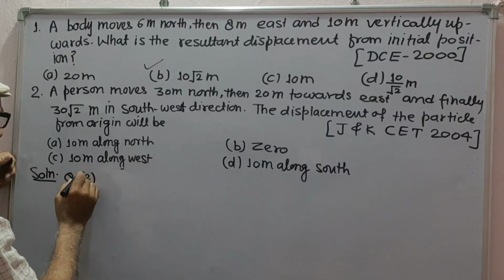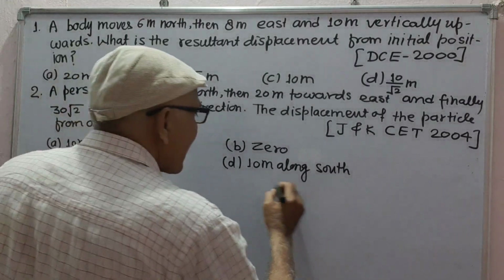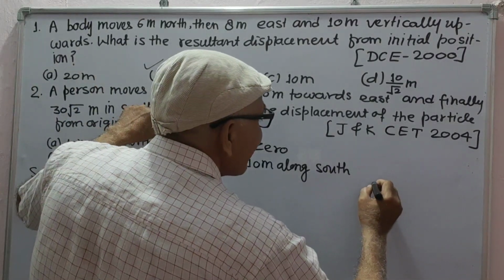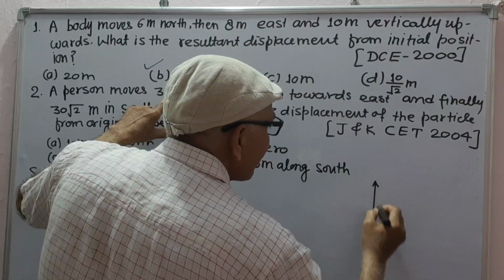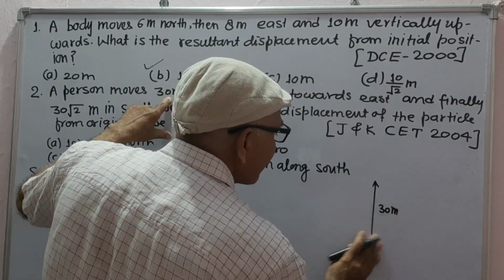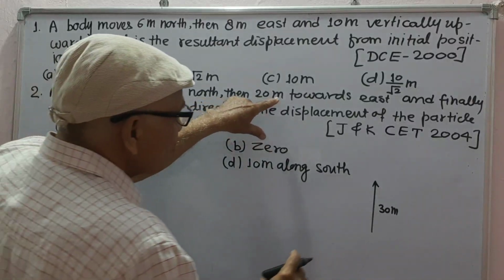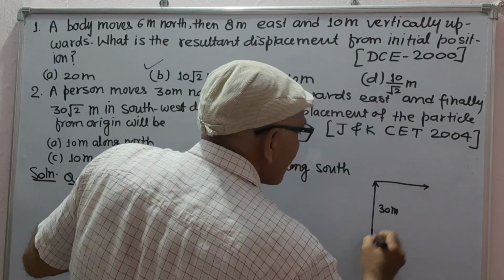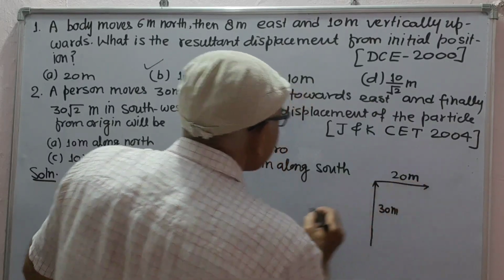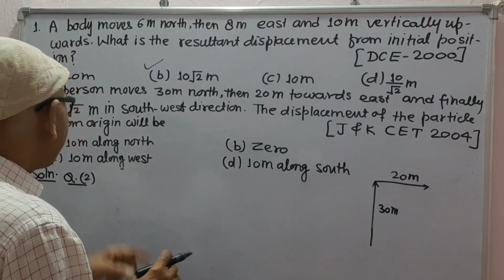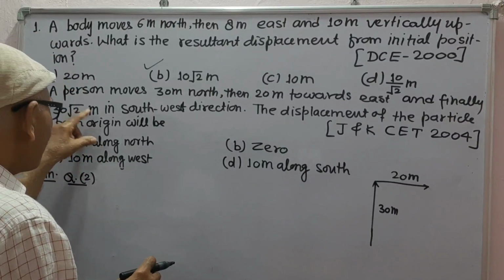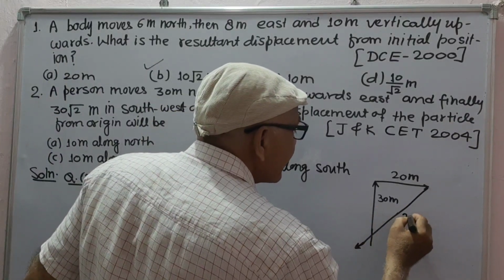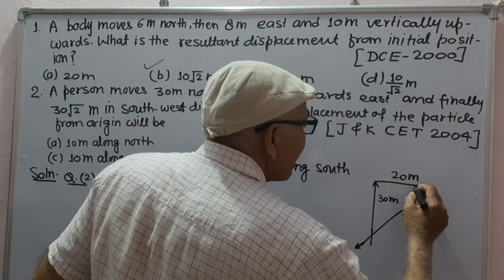Here, according to the question, the person moves 30 meter north. Suppose this is 30 meter north and then 20 meter towards east. And finally 30√2 meters in southwest direction. This is 30√2 meters.